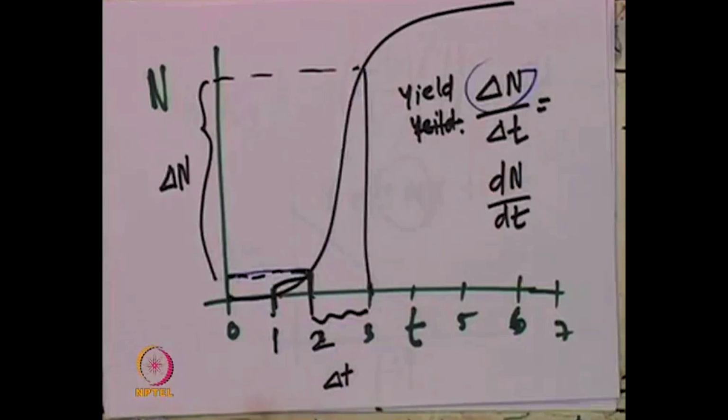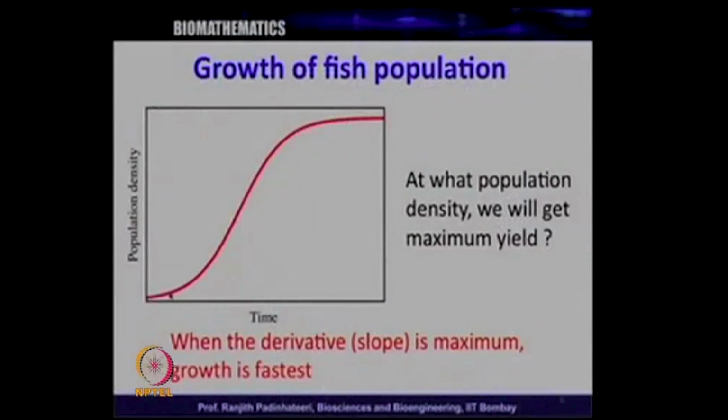As you can see in this graph, if you keep calculating the slope from here to here, you will find that in the middle, somewhere here, the slope is maximum. Slope is maximum somewhere in the middle. So that is the place where you get maximum yield. That is, in 1 day, in unit time, how much more fish you get, that is the yield.